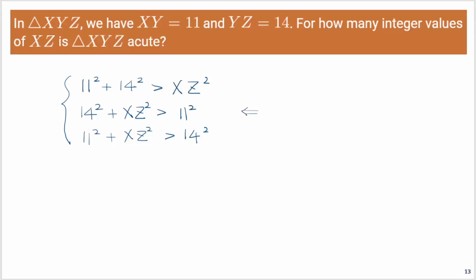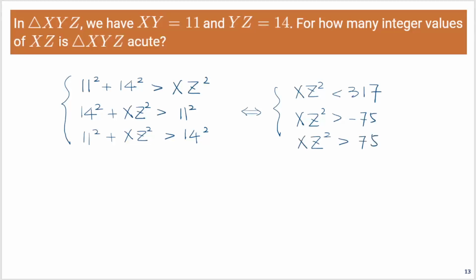So this is equivalent to saying XZ squared must be less than 317, and XZ squared must be greater than negative 75, and XZ squared must be greater than positive 75. So the second one is obvious, right? The second one is always fulfilled.